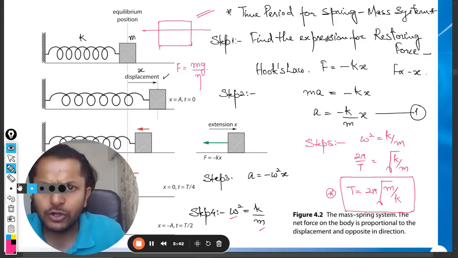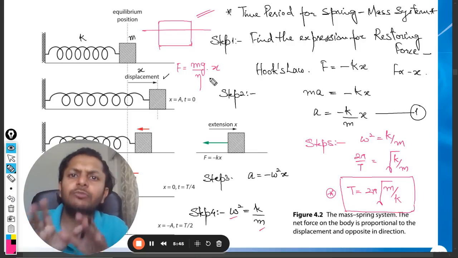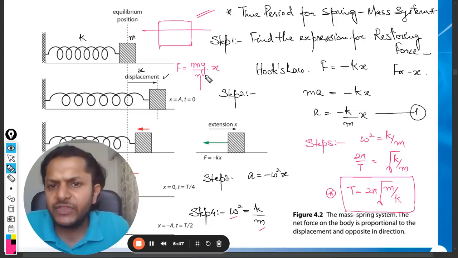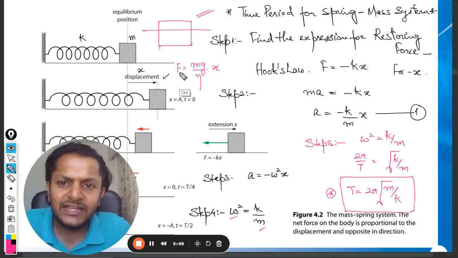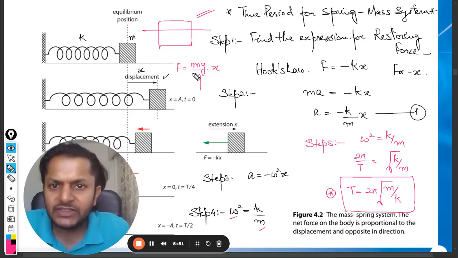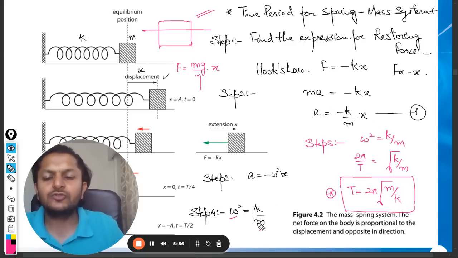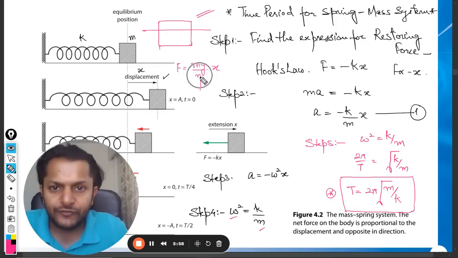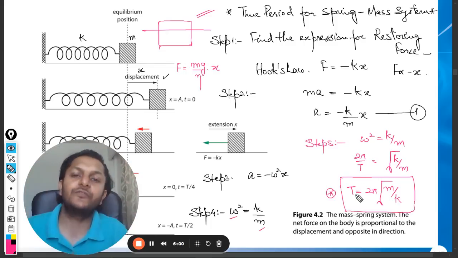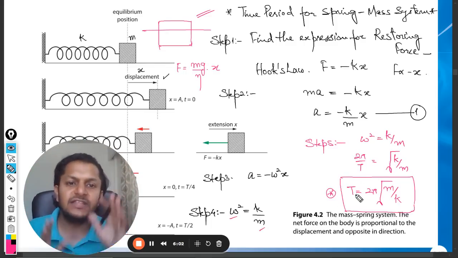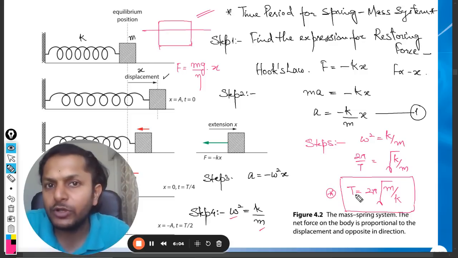Something of this kind will be given. Very easily, we will just replace Hooke's law with this. Then we will find the acceleration in terms of x. We will compare omega square with the other expression suitable for this, and we will find the expression for the time period. This derivation that is on your screen is very important.